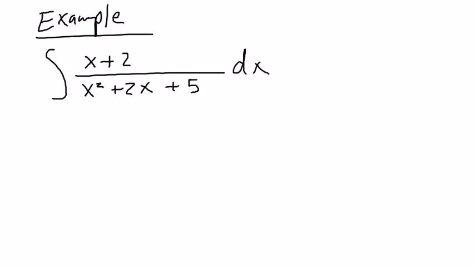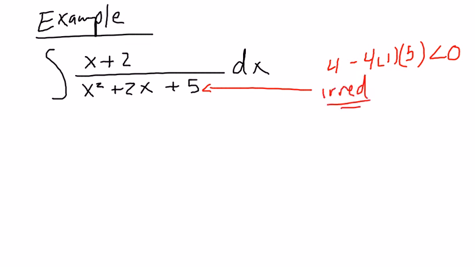So the integral of x plus 2 divided by x squared plus 2x plus 5. And notice that this is irreducible because b squared minus 4ac is negative, so this is irreducible.